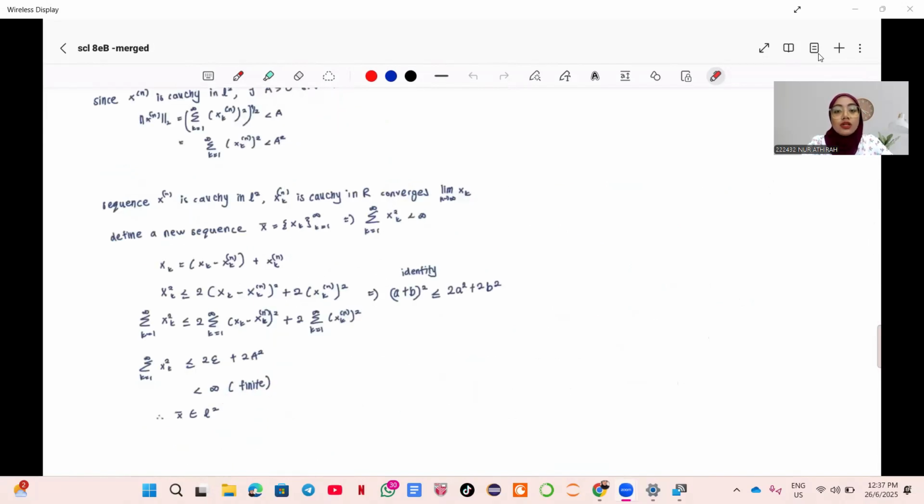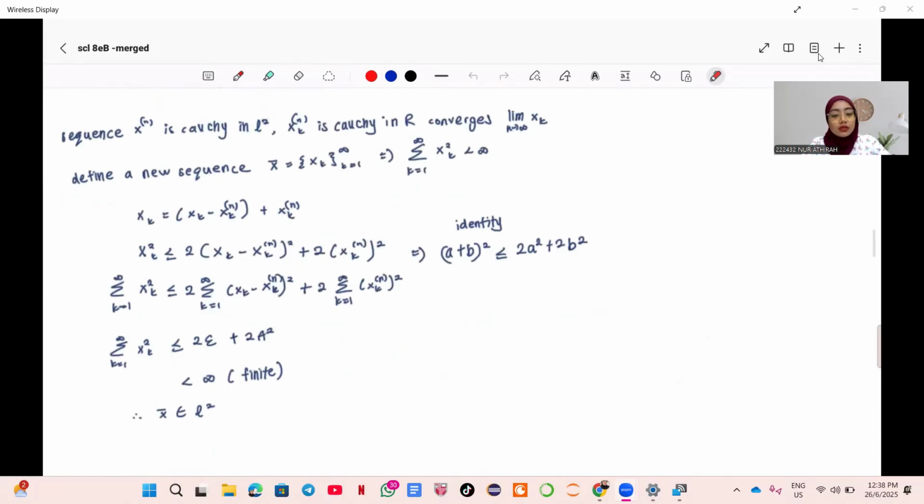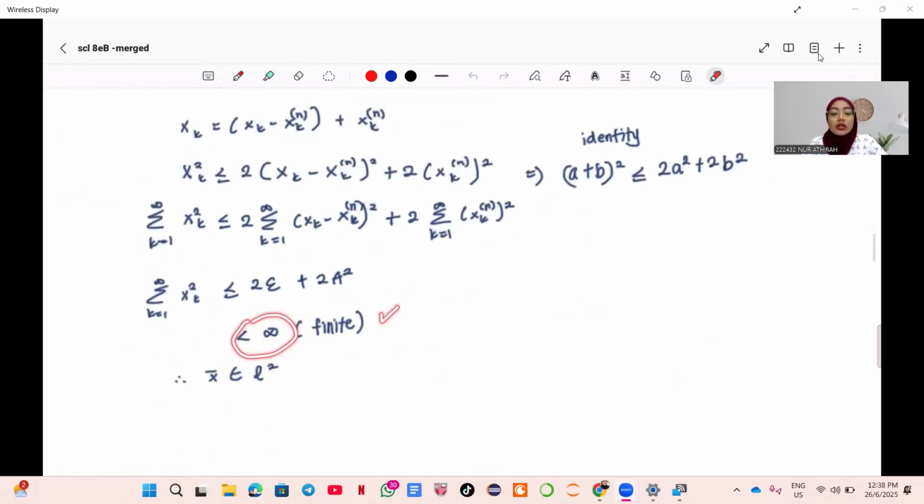And to do this, we use the triangle inequality here to estimate and compare xk squared with xk^n squared, and show that the infinite sum remains bounded. When it is bounded, this confirms that x lies in L2. So this shows that it is bounded. The meaning of less than infinity is that it does not approach infinity.